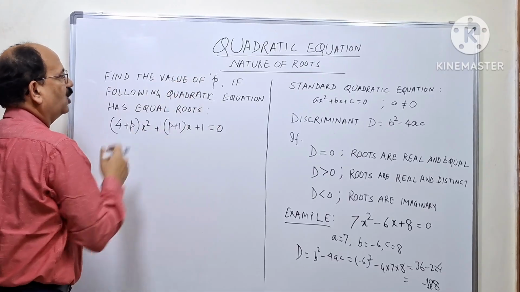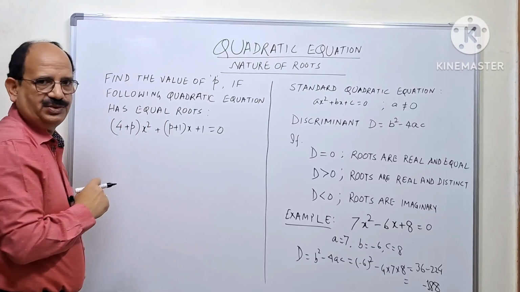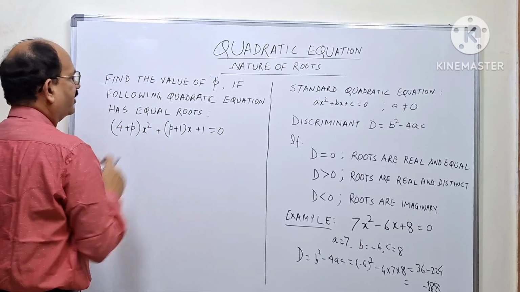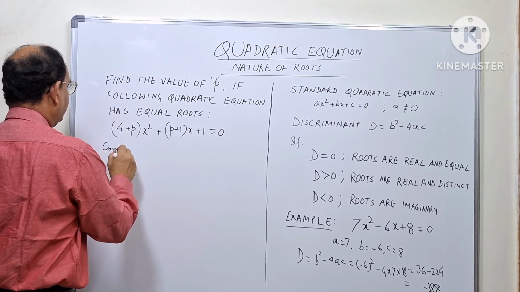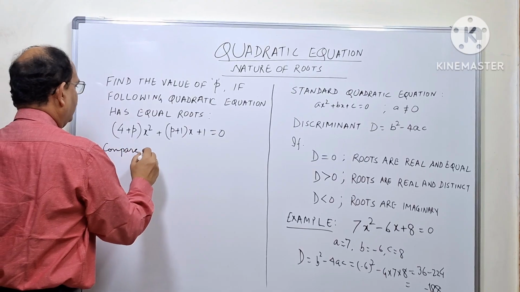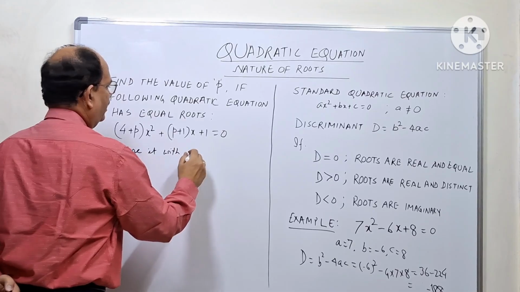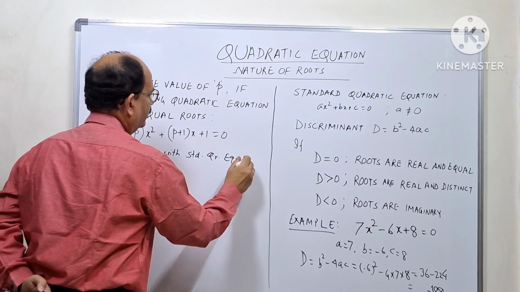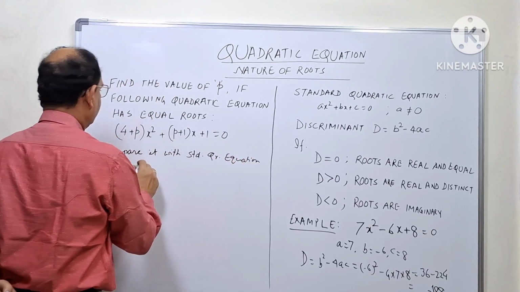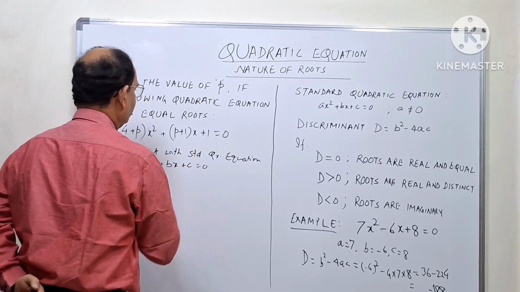Find the value of small p if following quadratic equation has equal roots. So this is a quadratic equation given. Now let's compare it with standard quadratic equation, which is ax square plus bx plus c equal to 0.